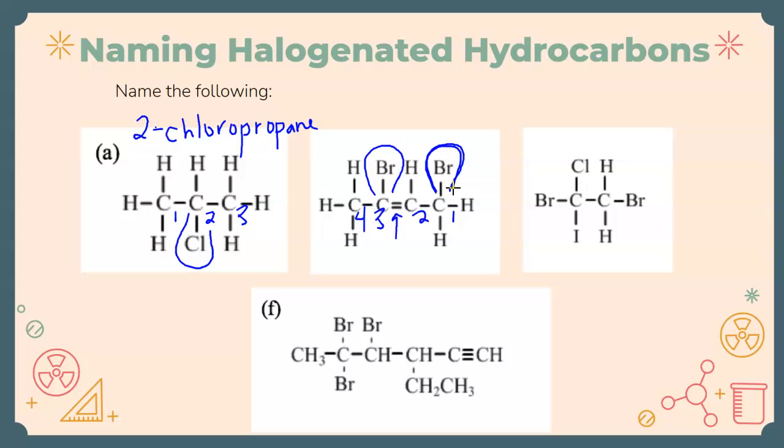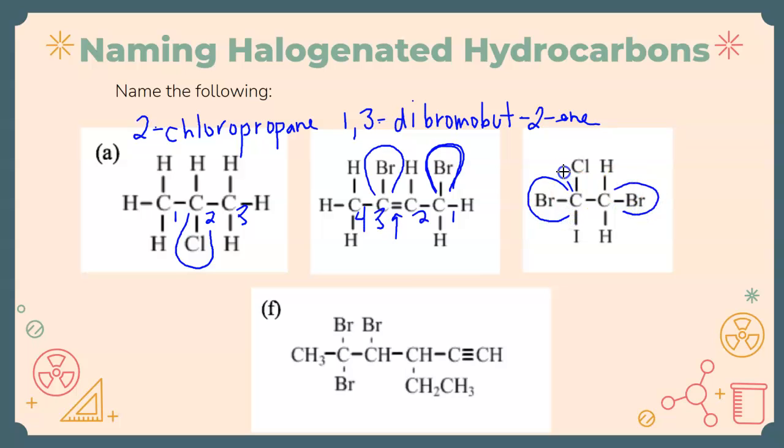So I would say that the answer here is 1,3-dibromo, because I have 2 of them. And then the ending of the word is going to have 4 carbons, which is but, and it also has that double bond. So I'm going to say but, and it's between the second and the third, so 2-ene as my answer.